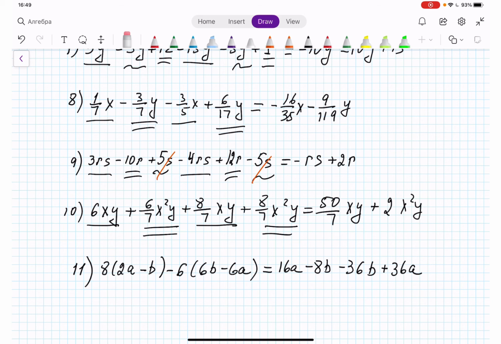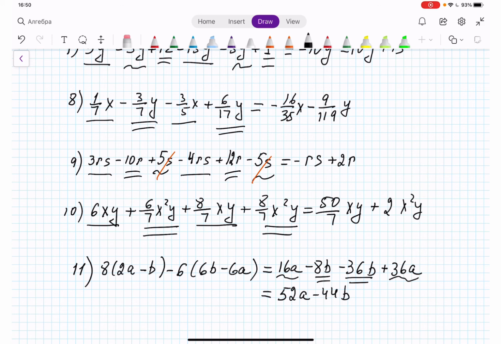So this is equal to 16a and 36a, which is going to be 52a. Negative 8b and negative 36b is going to be minus 44b.